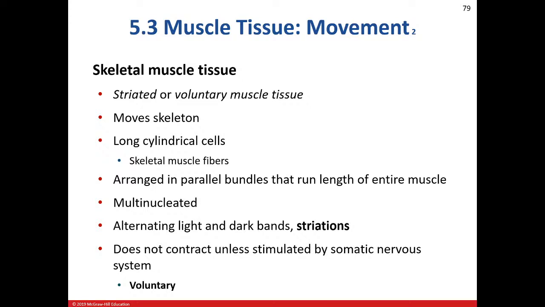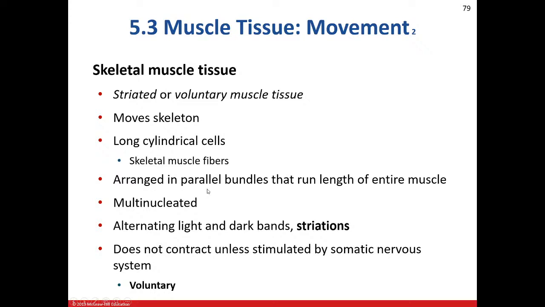Okay? The longest muscle in the body is actually found in the thigh. It's called the sartorius, and it's actually kind of difficult to visualize. You've probably never seen it before, but we'll point it out in the muscle unit. So yeah, these muscle cells can be up to a foot long, depending on the length of the muscle.